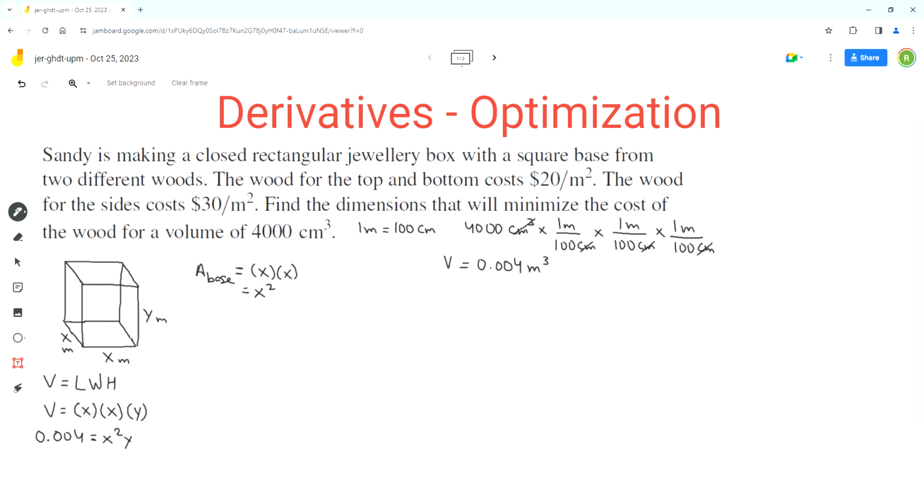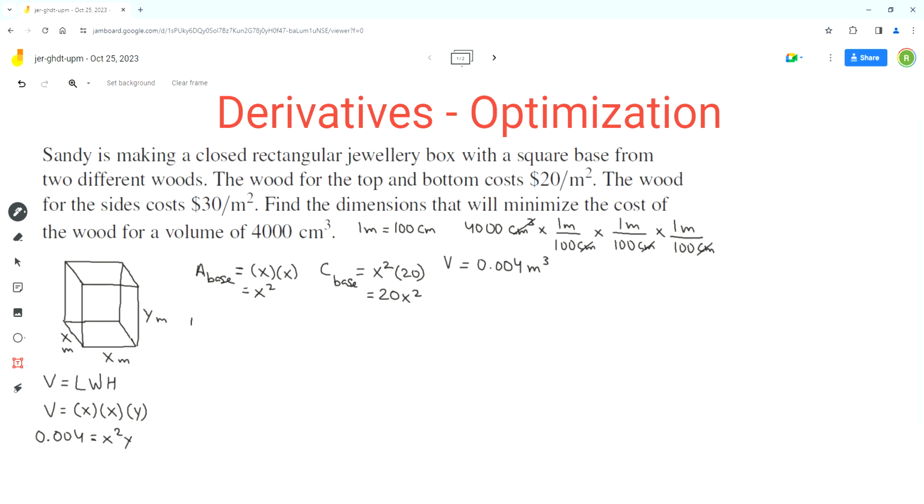Now the cost of the wood for the bottom or the base is given in terms of per unit area, so $20 per meter square. In order to get the total cost for the base, we'll multiply this area x squared by 20. The total cost for the base will be 20x squared.